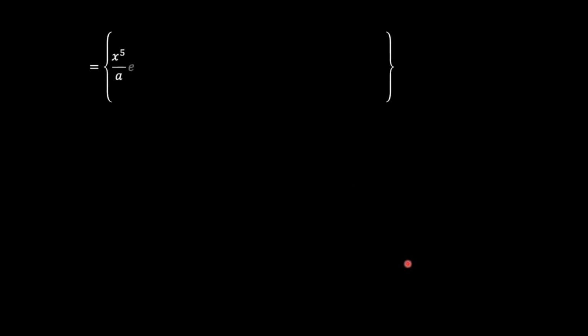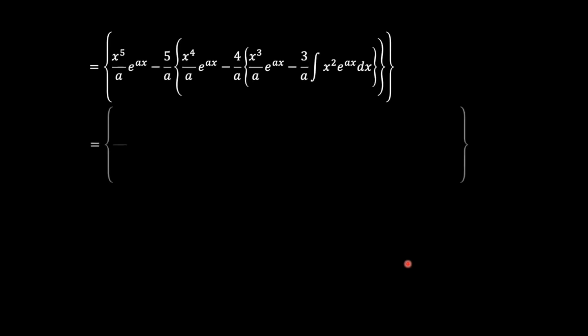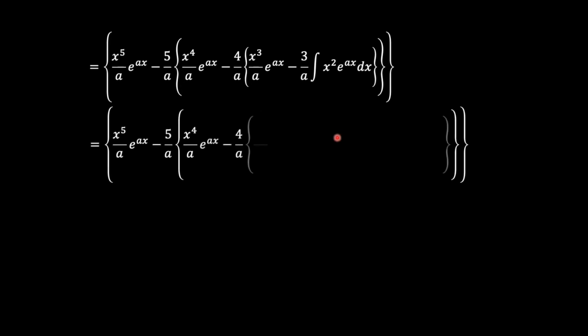Keeping on the process, going down, at this point we've moved to x squared over a times e to the power ax, minus 2 over a, the integral of x times e to the power ax.